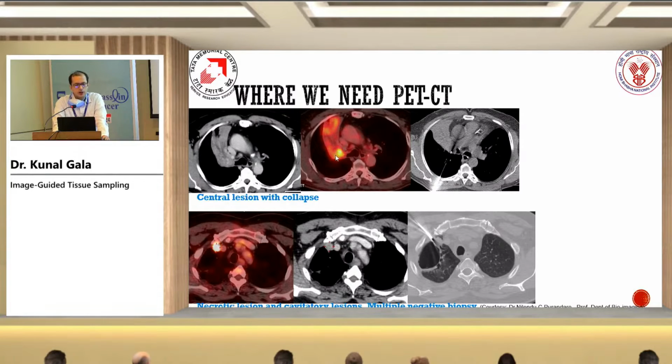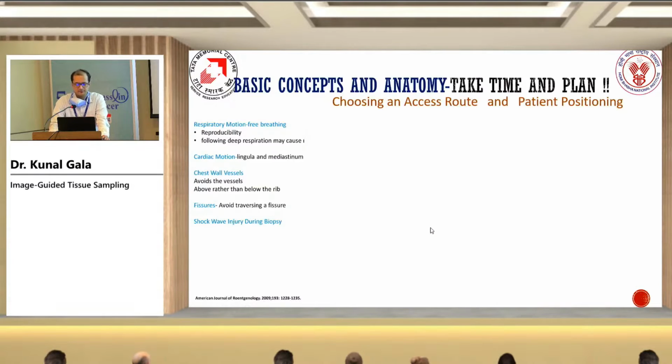We can go either via the collapsed lung, or posteriorly, as we have gone here, and then we can do the biopsy and target those easily. Similarly, if there is a bulla or a cyst, and there is a PET avid lesion which needs to be targeted.